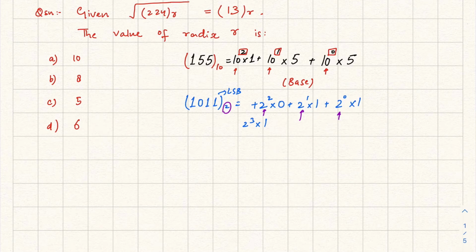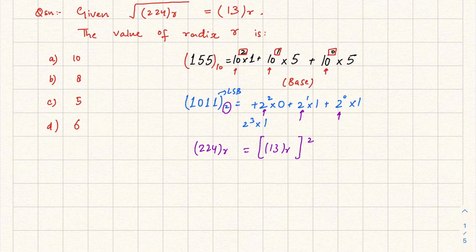If we look at the given question, we can write 224 with base r equal to 13 with base r, squared, because when we transfer that square root to the right hand side, it becomes a square.